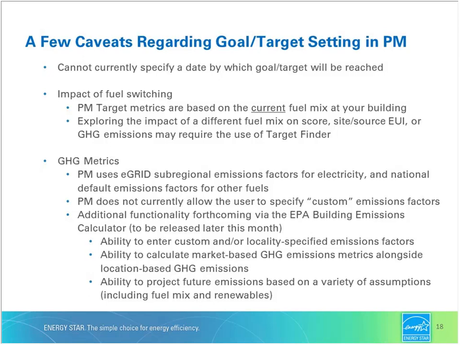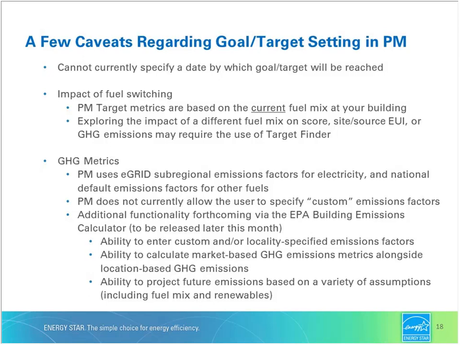The other thing I wanted to note is, when Portfolio Manager calculates those metrics, when it goes in and says, okay, you've set your target as a 75, and so to get a 75, you need a source EUI of X, those numbers are very much defined by the building as you've set it up in Portfolio Manager today.